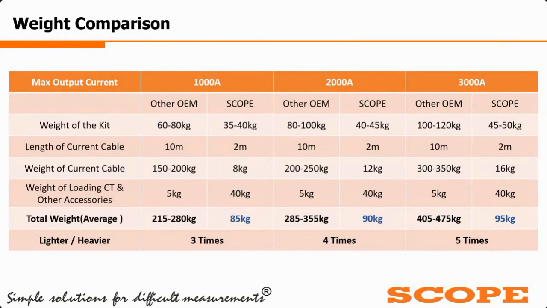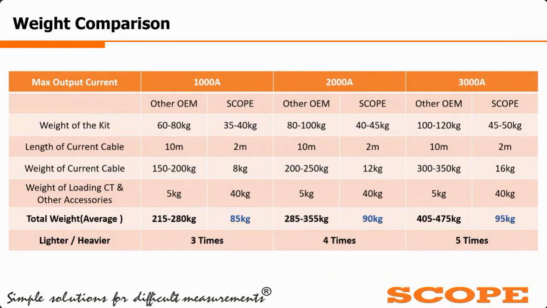For 1000 ampere, what other manufacturers are providing, the weight of the instrument itself is 60 to 80 kg. The Spoke manufactured Prima equipment is 35 to 40 kg. For the length of current cable required, for a single cable the length required is 10 meter, and for the Spoke manufactured Prima series, we require only 2 meter copper cable, which is more than sufficient.